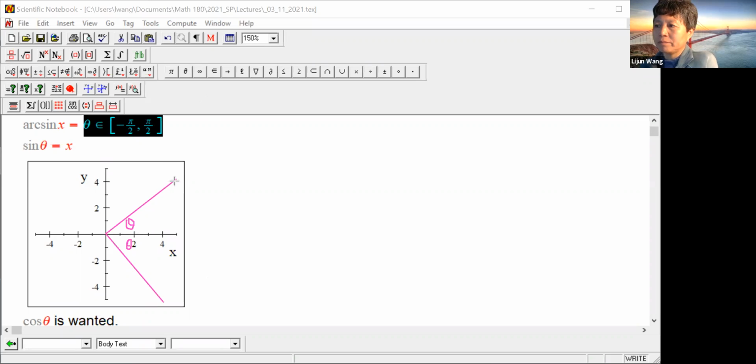Then you draw the triangle. It tells you sine theta equals x. What does sine theta equals x mean? Sine is defined as this is x, and this is 1. And what would this be? This is cosine theta, which is adjacent side over hypotenuse.